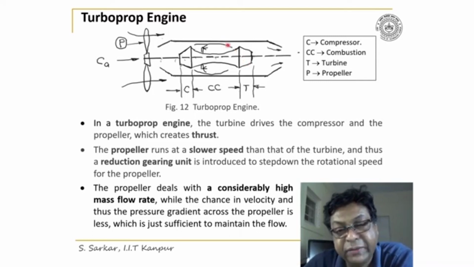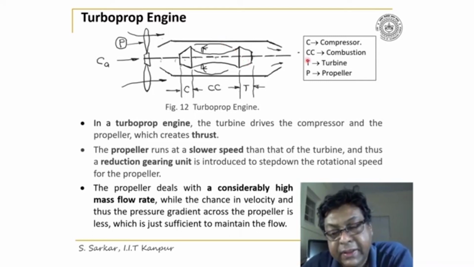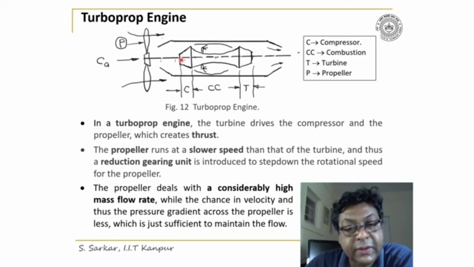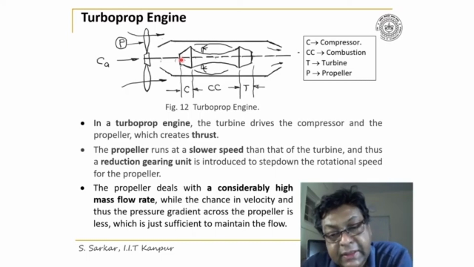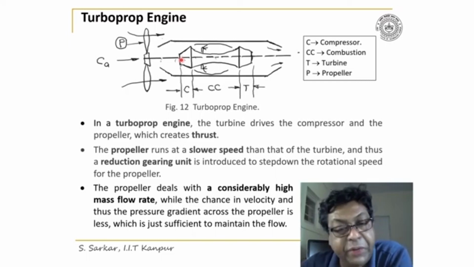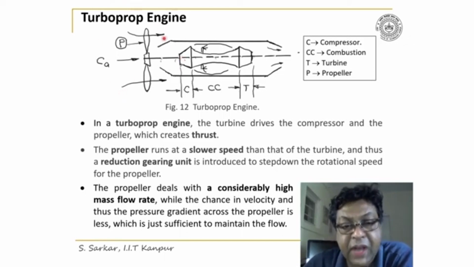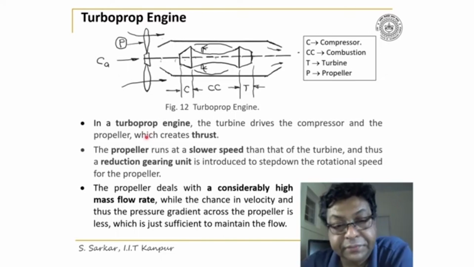Compressed gas is expanded in the turbine, which produces the work that drives the compressor and the propeller. And the main propulsive thrust the engine gets is from the propeller.